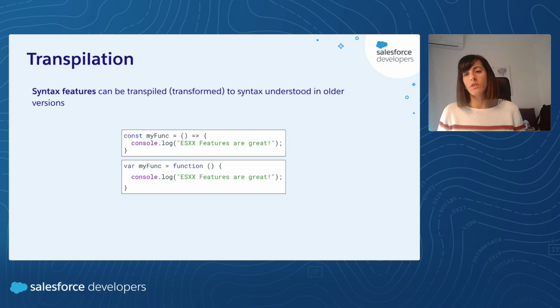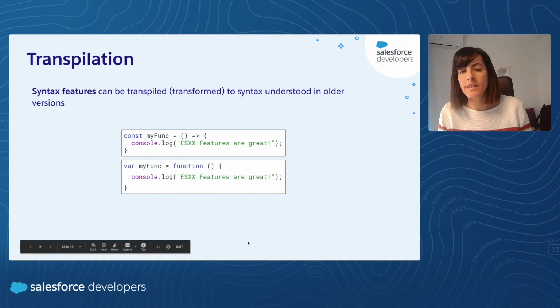So first of all, I want to explain the concept of transpilation, if you are not familiar with it. Transpilation consists of transforming certain syntax features that are written on an ECMAScript version that may be, for instance, ECMAScript 6 or 7 or 8, etc., to a version of the same language that is lower.